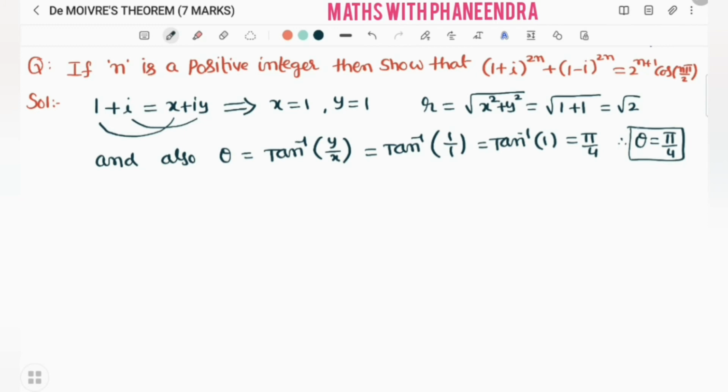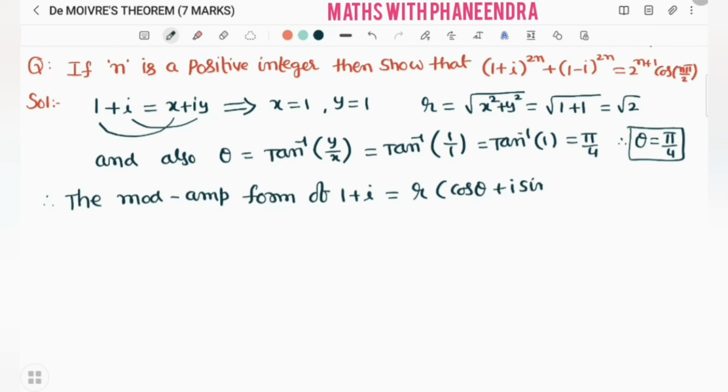Therefore, the mod amplitude form of 1 plus i is equal to r into cos theta plus i sin theta. So 1 plus i equal to r value root 2 cos in place of theta pi by 4 plus i sin pi by 4.